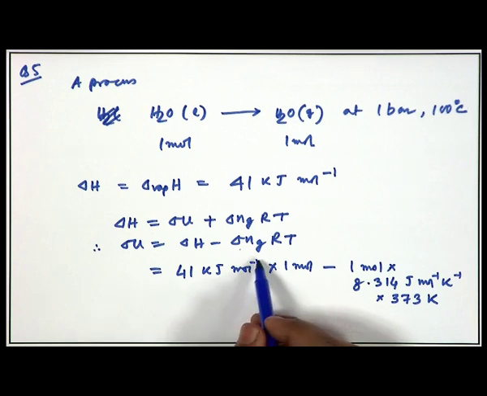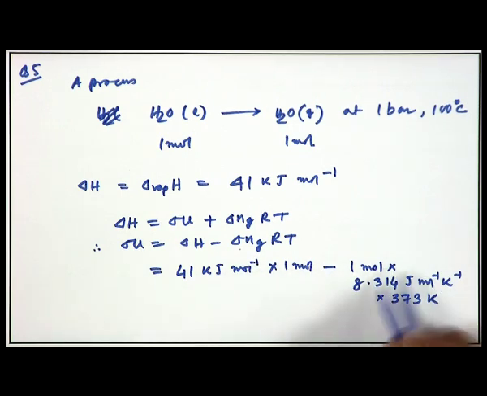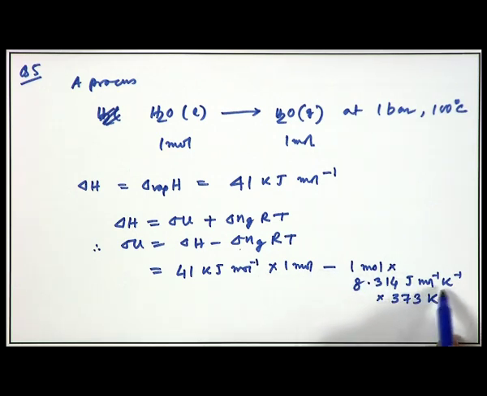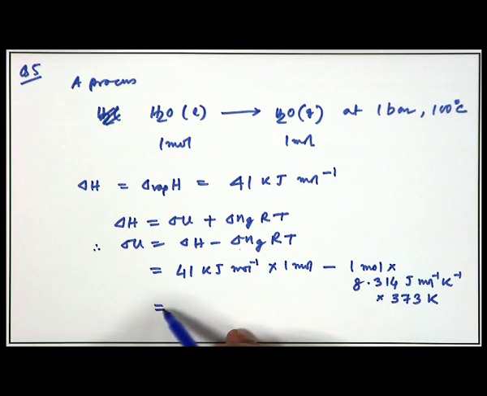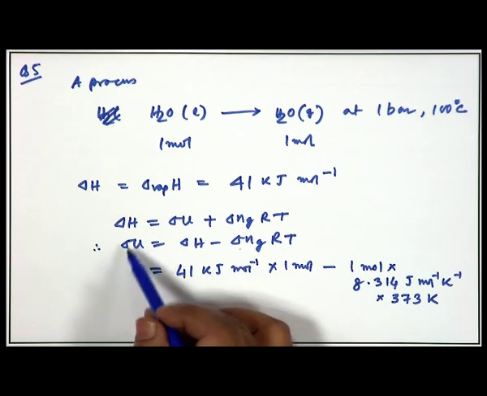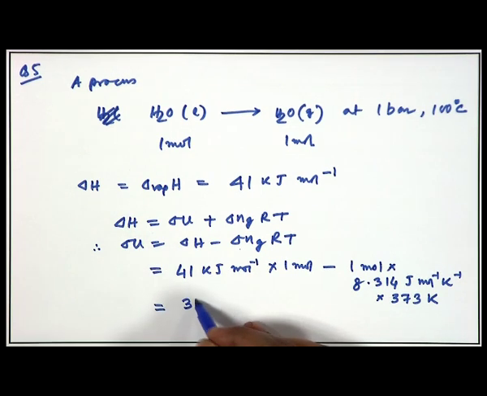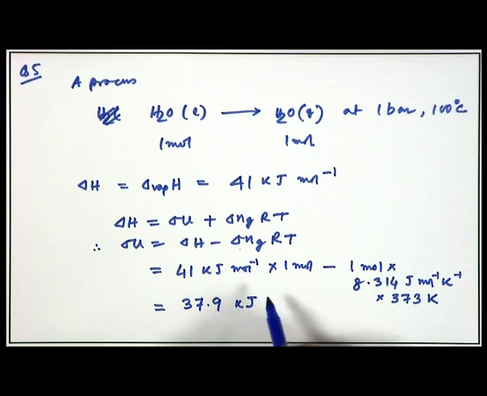In solving physical chemistry problems, you must be very careful about the units, and if you put units appropriately, you will get your final answer exactly the way you want, because it is a del U, which basically is talking about energy change. So, it should give you an energy number. In this case it is giving you an energy.